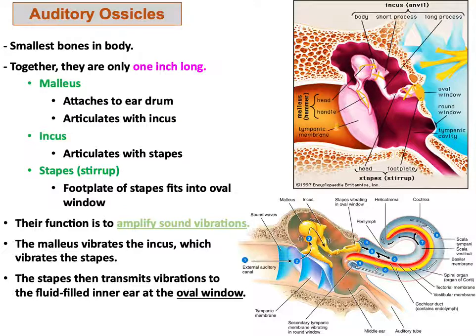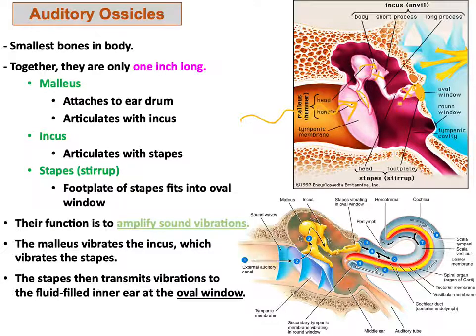So now, what's the function of these auditory ossicles? Indeed, what they do is amplify the sound vibrations and waves. When they vibrate the eardrum, they also amplify the sound vibration until it reaches the oval window.